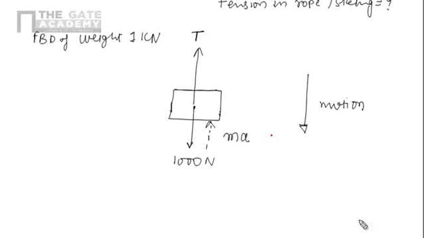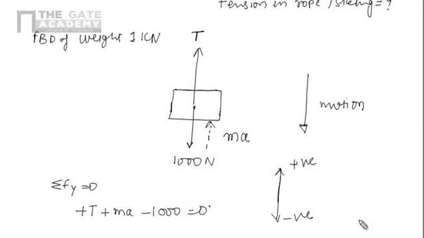The magnitude is nothing but mass into a. Now we can apply the conditions of equilibrium, that is, the algebraic summation of all vertical forces should be 0. According to our sign convention, vertically upward is positive, vertically downward is negative. So we have plus T plus ma minus 1000 equals 0.